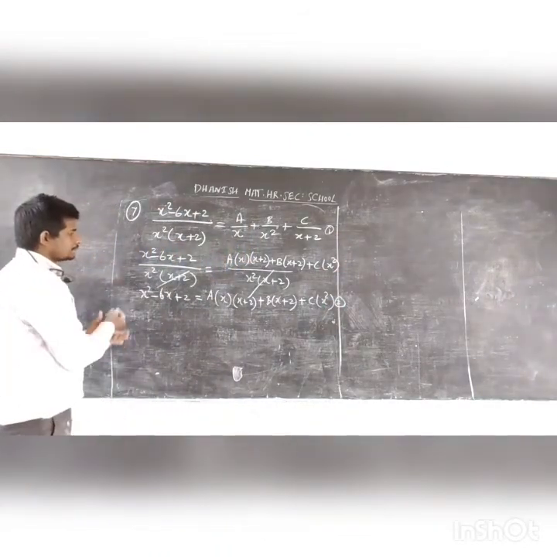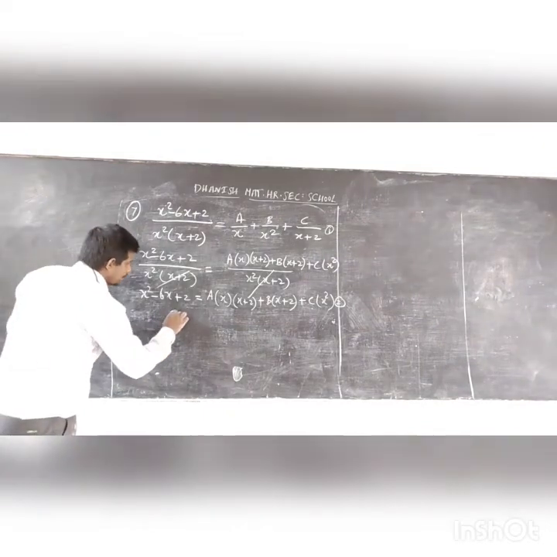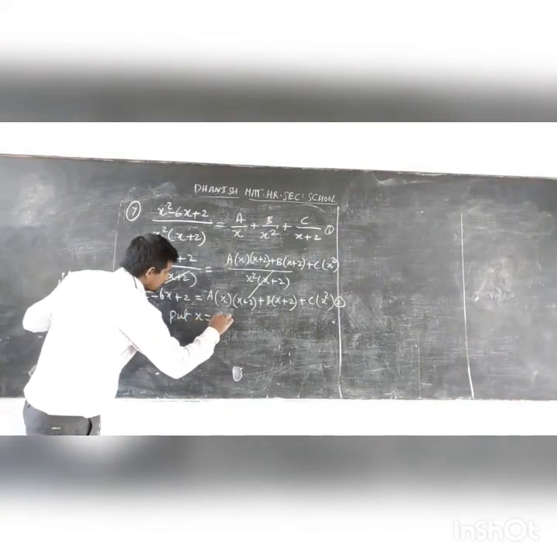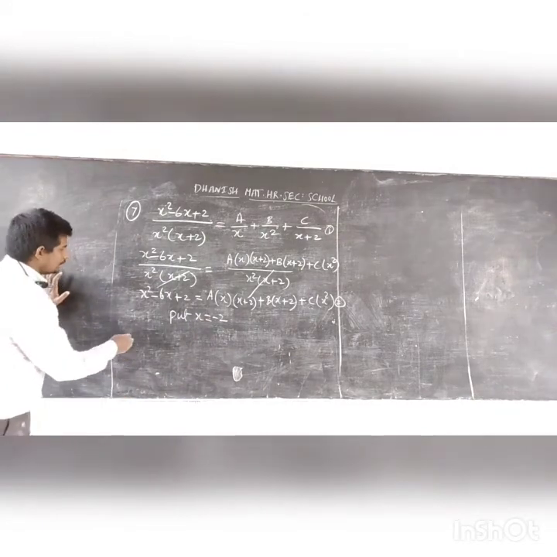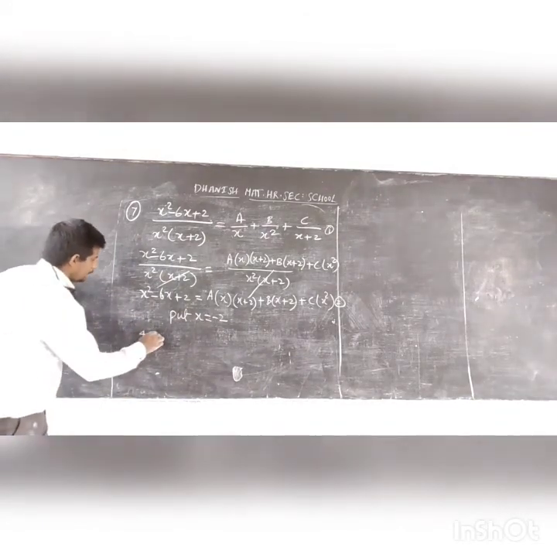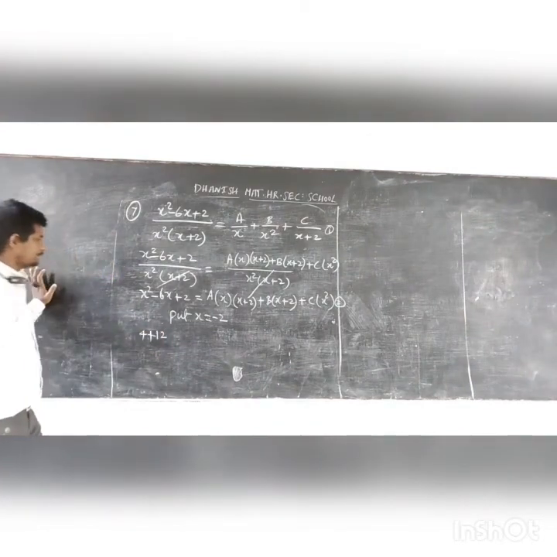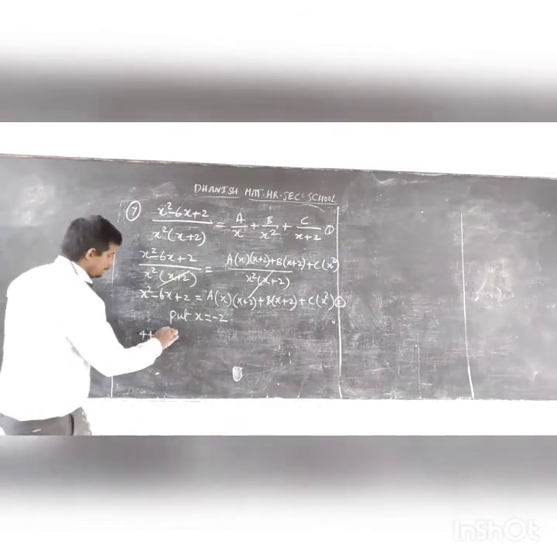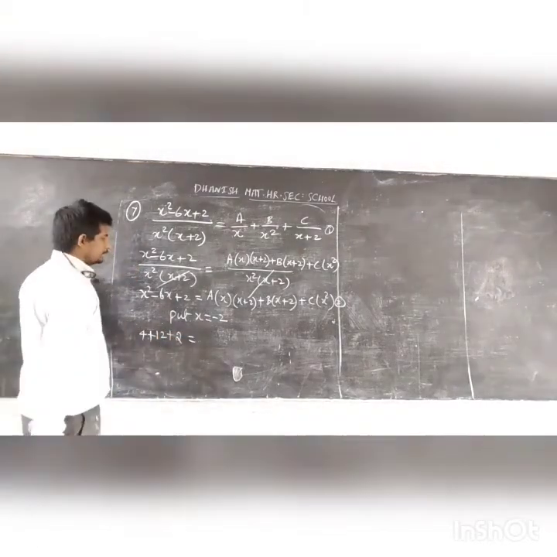Now I am going to put x as minus 2. Put x as minus 2. So the LHS will be 4 plus 12 plus 2 equal to.